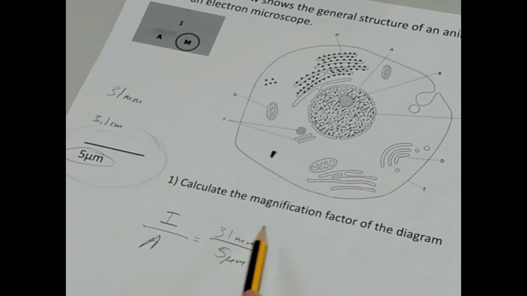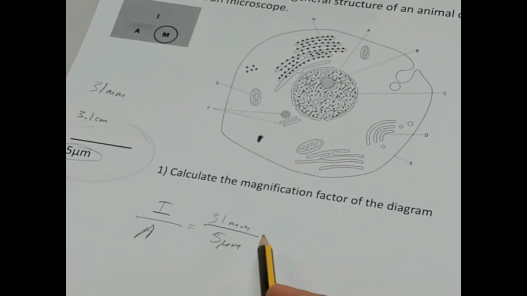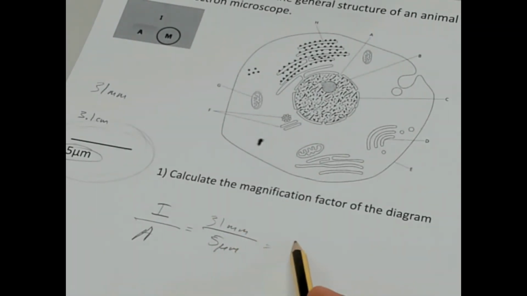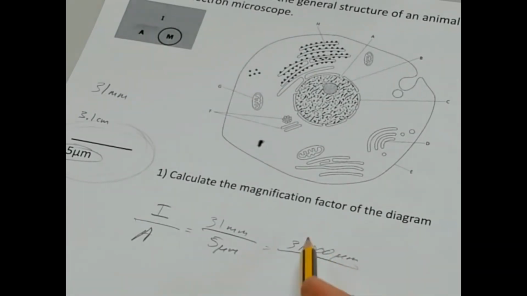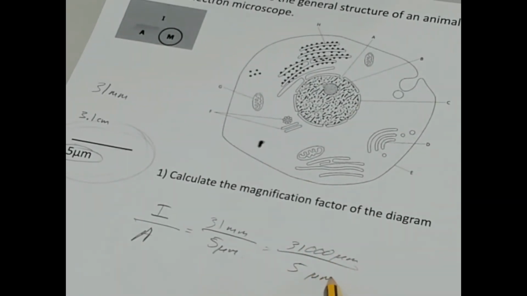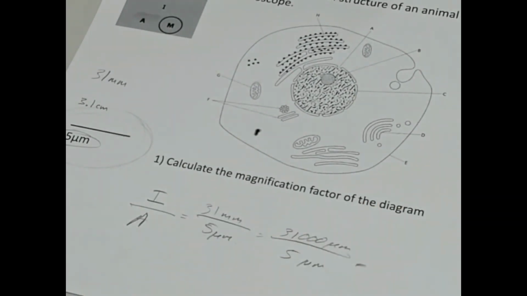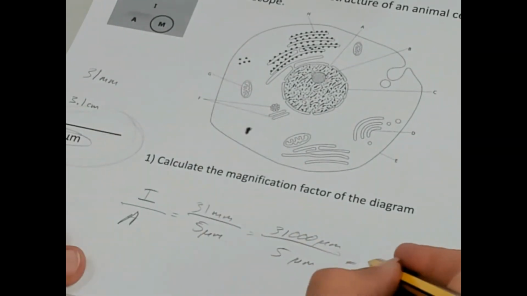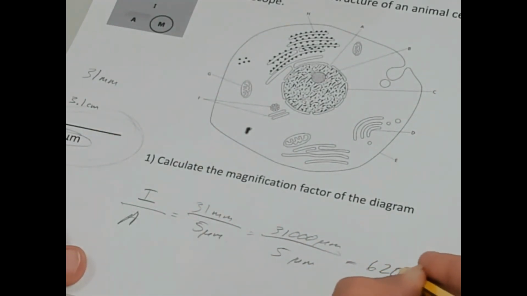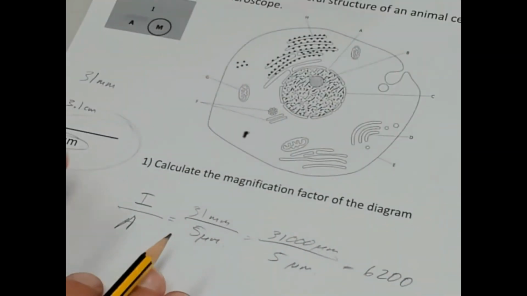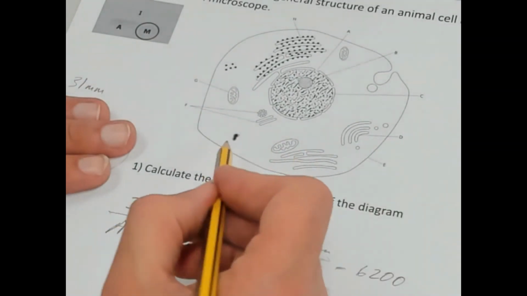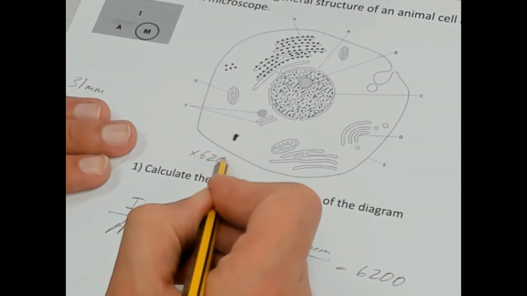Again, I've got a problem because I have the wrong units on each side of this fraction. So it's going to be 31,000 micrometers over 5 micrometers. Let's go and find out what my magnification is. 31,000 divided by 5. My magnification is 6,200.